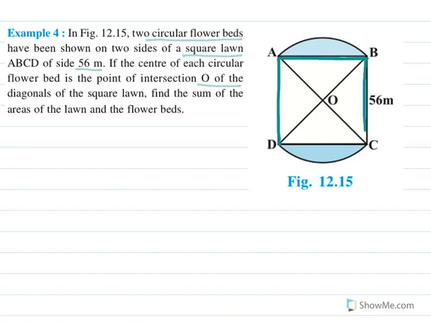ABCD is a square with side 56. Then we have two sectors. With O as center, this is one sector, and again with O as center, we have the other sector.